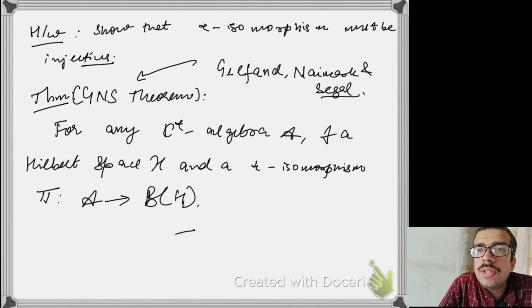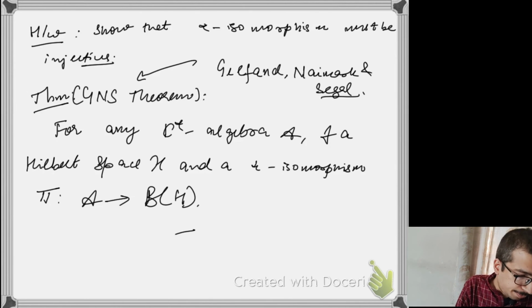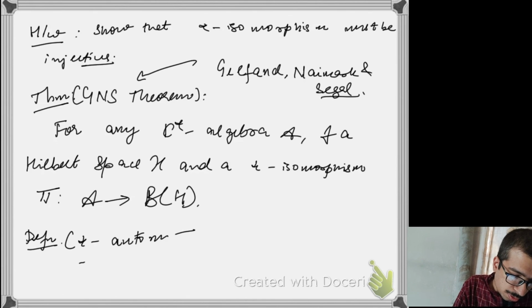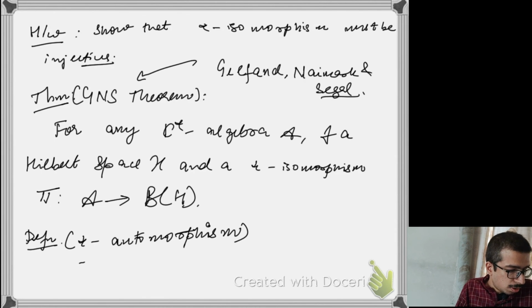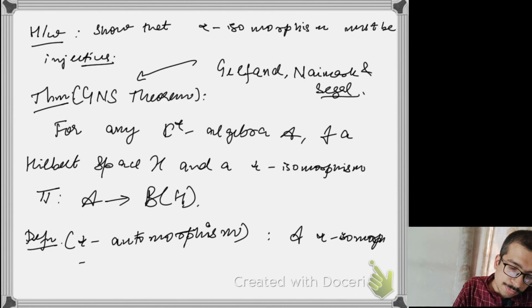And now once we have defined the notion of the star isomorphism, we can move to the notion of a star automorphism as well. So a star automorphism is nothing but a star isomorphism from A to itself.